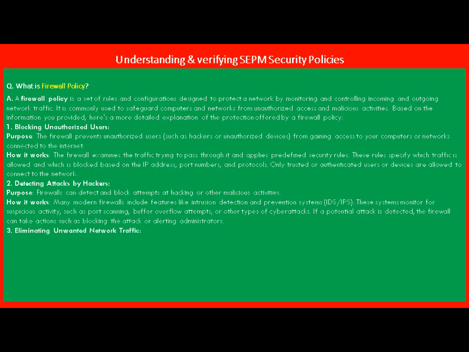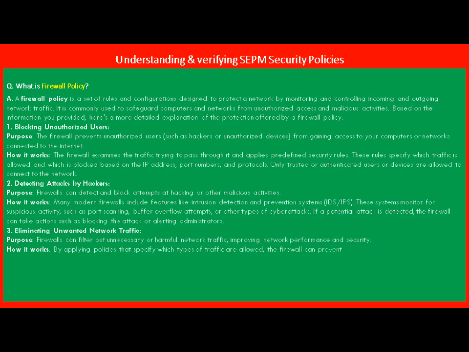Third criteria is eliminating the unwanted network traffic. So the purpose of it is the firewall can filter out unnecessary or harmful network traffic, thus improving network performance and security. So how it works? By applying policies that specify which types of traffic are allowed, the firewall can prevent unwanted traffic from entering the network.